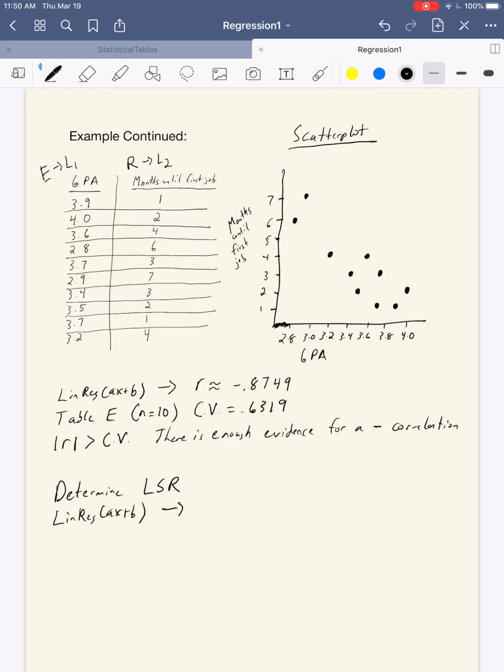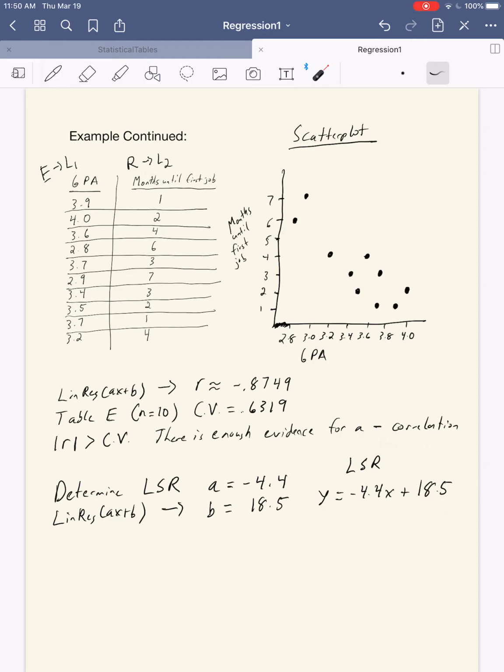This time, we're not going to record the r value because we already did that. Instead, we're going to record that a is negative 4.4 and b is 18.5. So this gives us our LSR as y equals negative 4.4x plus 18.5. So this right here is the LSR.